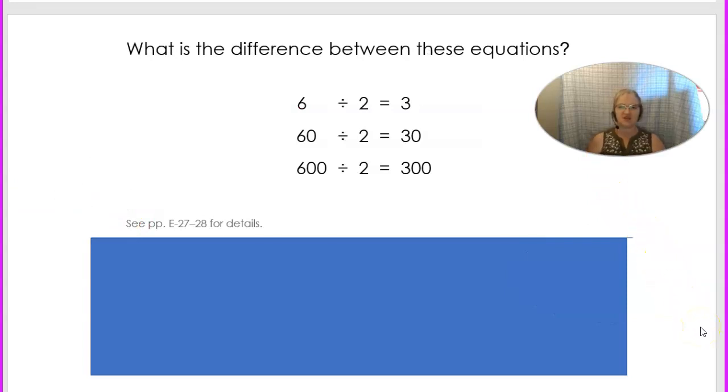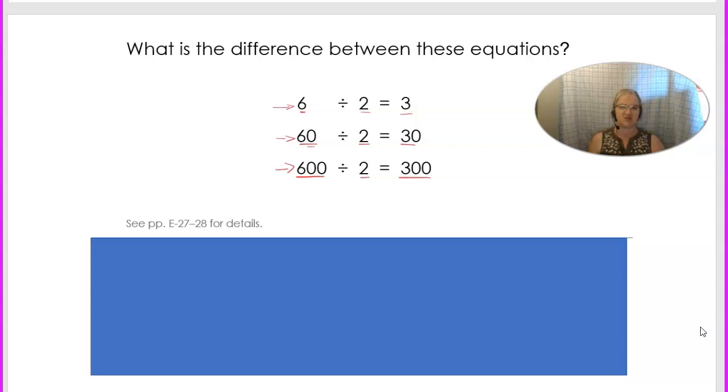All right, looking at these equations, what is the difference between these equations? Here we have 6 divided by 2 equals 3. 60 divided by 2 equals 30. And 600 divided by 2 equals 300. What did we change in the second and third equation to make it different from the top one?